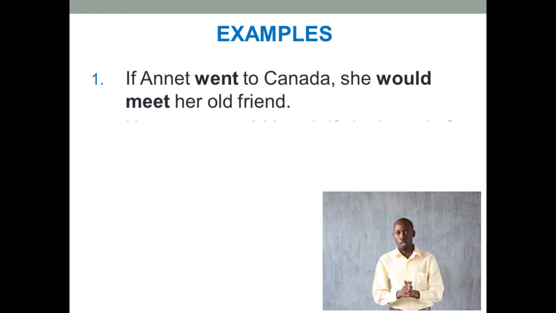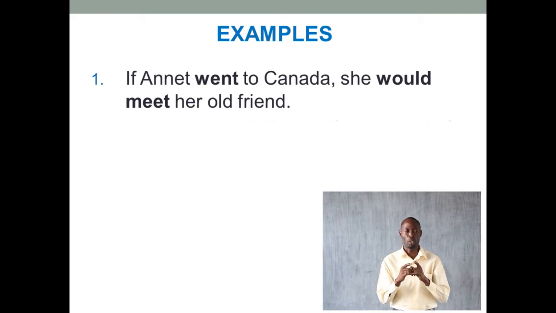Now, example number 1. If Annette went to Canada, she would meet her old friend. The word went is a verb in the past simple tense, and would meet is the present conditional tense, which you find in the main clause of that sentence.